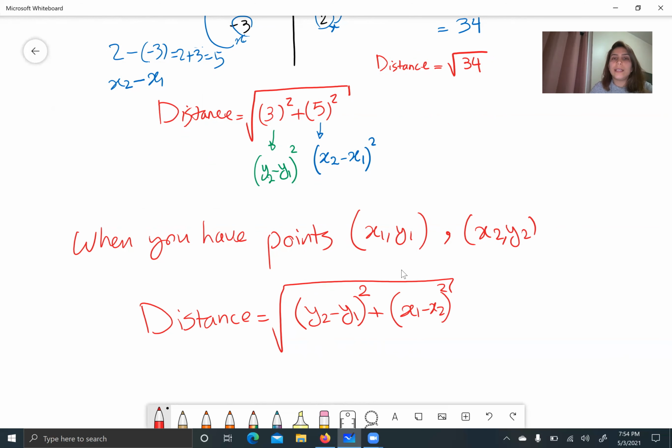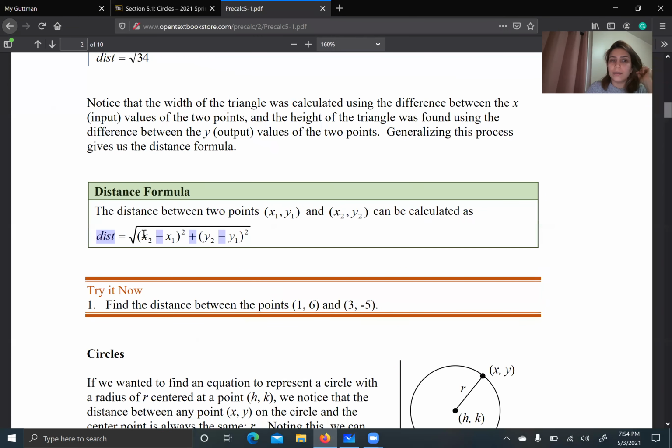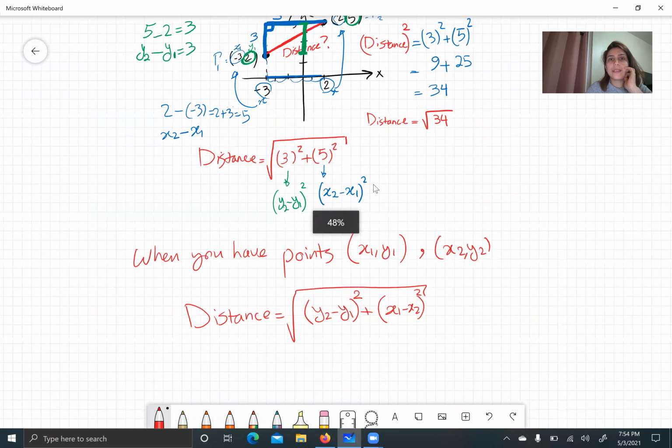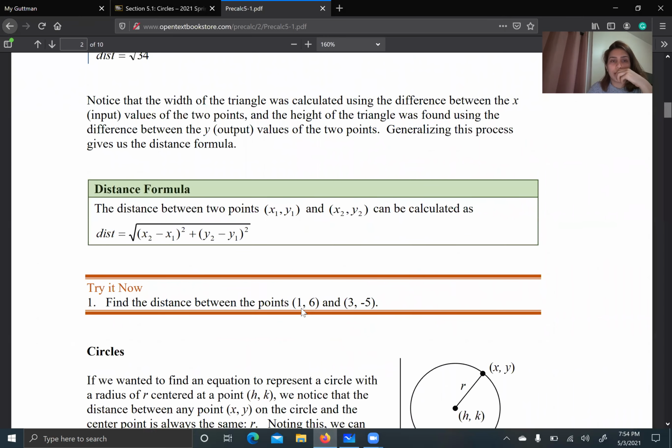So that's it. We came up with a formula for distance between any two given points. It's the square root of the sum of squares of the difference in their coordinates. That is also written in this box. So the distance between 2 points, here points are represented with their xy coordinates, can be calculated by this formula. And basically we use this example to show where this formula comes from.